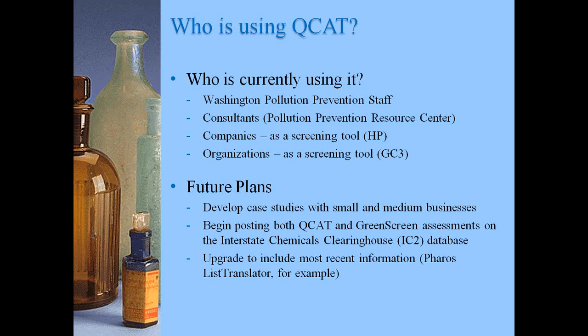If the states have done either a QCAT or a Green Screen on a particular chemical, or have paid for someone to do that, we're going to post it. So the advantage to companies is that if you have a chemical and you want to know if any work's been done on it, you can go to our database, see if somebody's done an assessment on it, and potentially use that information to help you make better decisions.